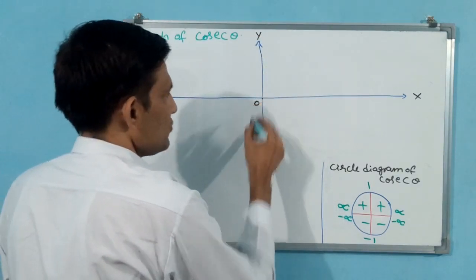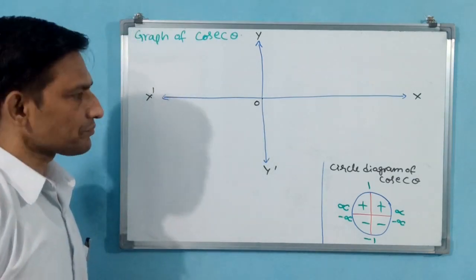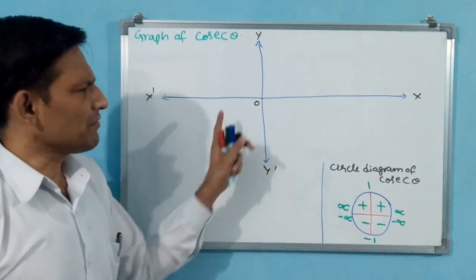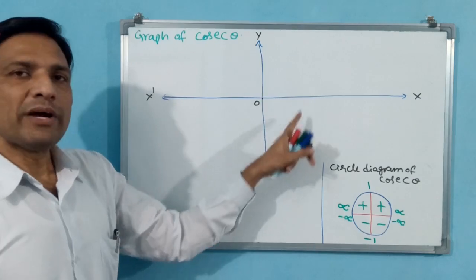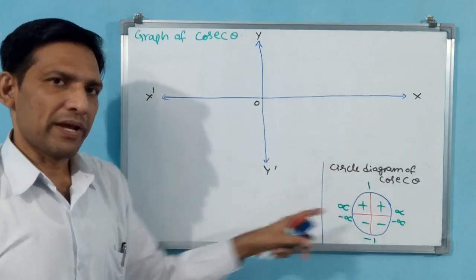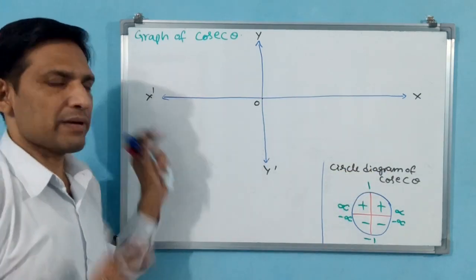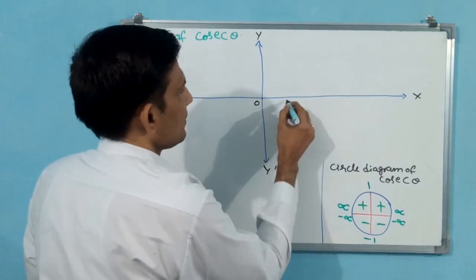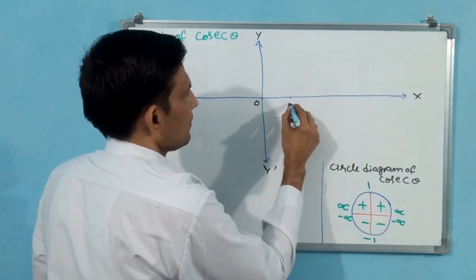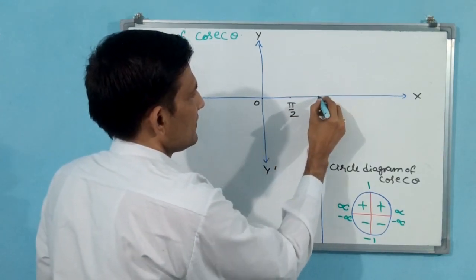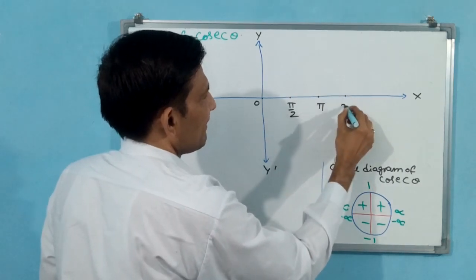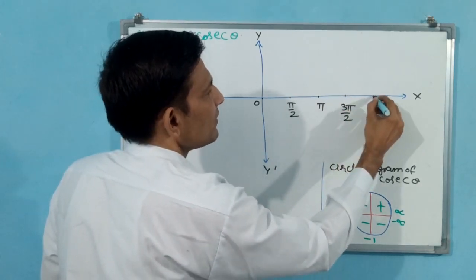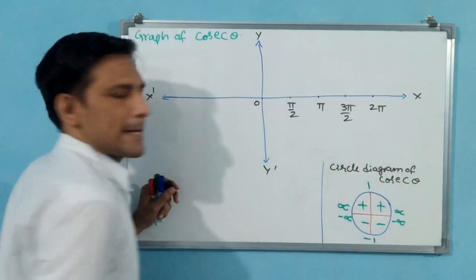Okay. Now 0 origin. For cosecant theta, whatever it may be: 0, pi by 2, pi, 3 pi by 2, 2 pi. Here minus pi by 2, minus pi. Up to minus pi we will take.